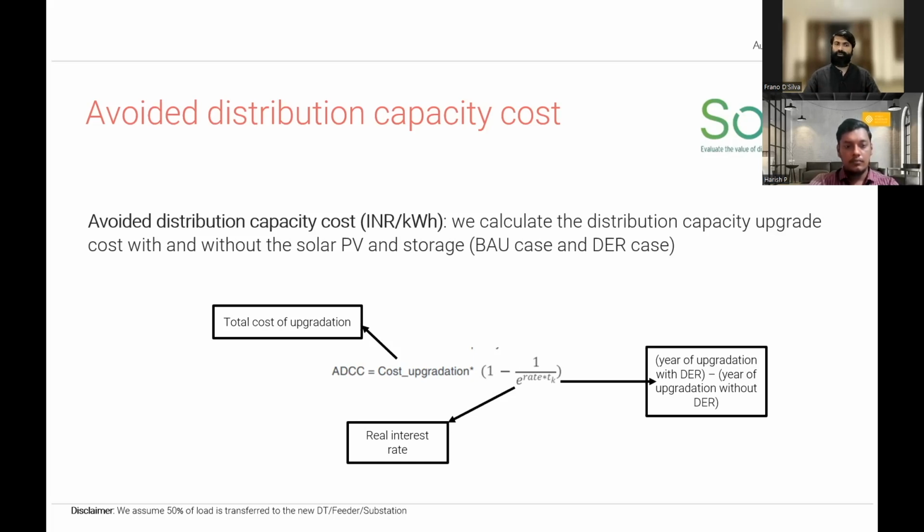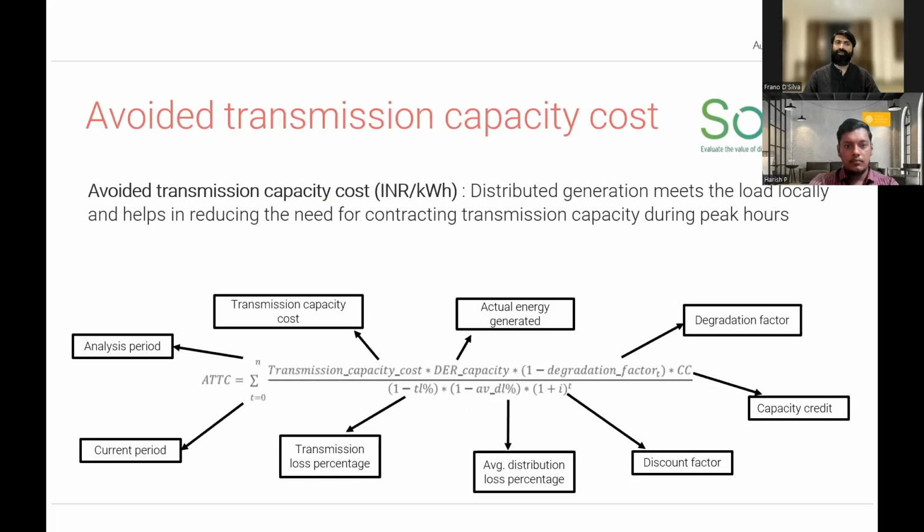Further, to determine the avoided transmission capacity cost, again with the idea that having a distributed energy resource on the distribution network connected locally is going to help us reduce our requirement from beyond the transmission line.